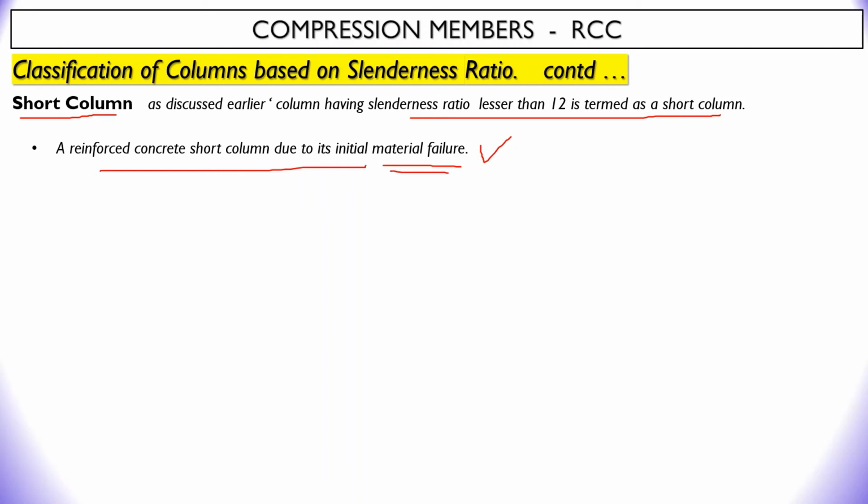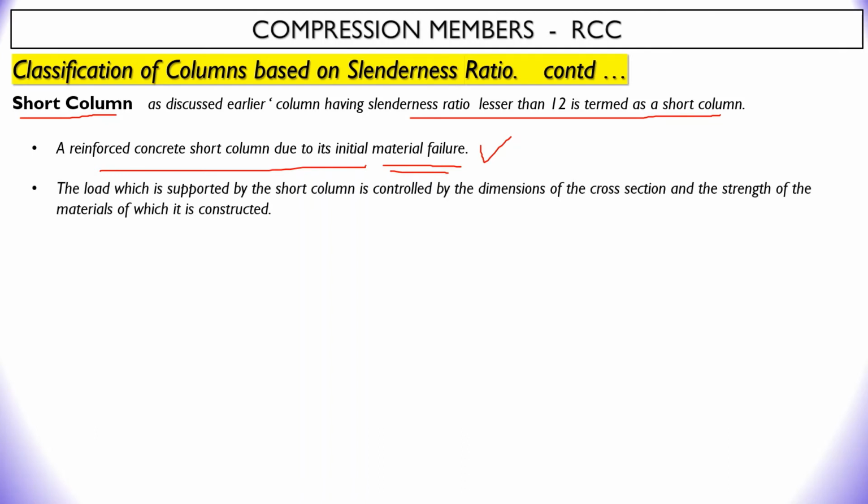If it is made of concrete, it will be able to take stresses lesser than the strength of the concrete from which it is made. The load supported by the short column is controlled by its cross-sectional dimensions and the strength of the material of which it is constructed.